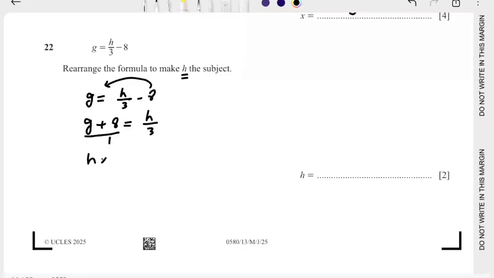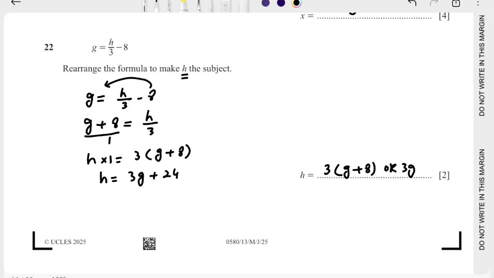So h times 1 is equal to 3 times g plus 8, and h is equal to 3g plus 24. It could be your answer, or this answer is also accepted. You can have one of these two answers.